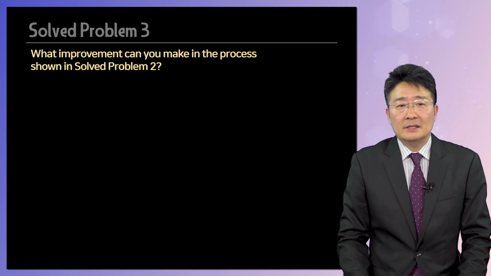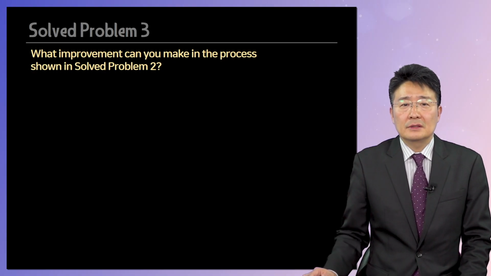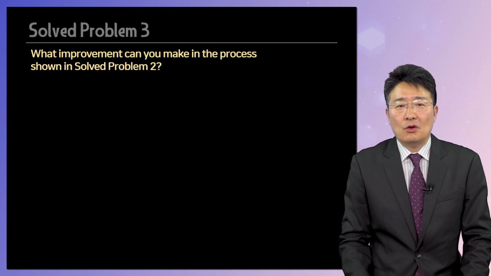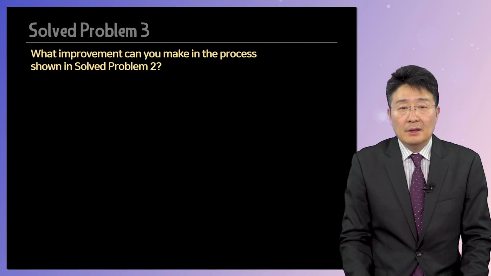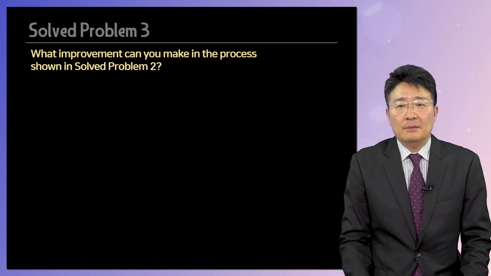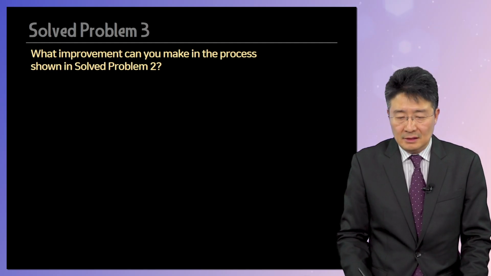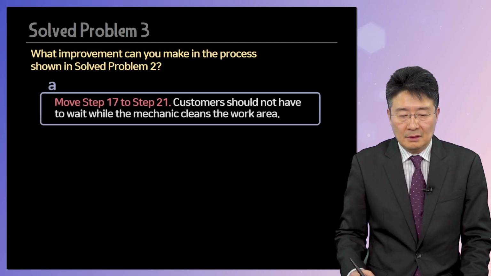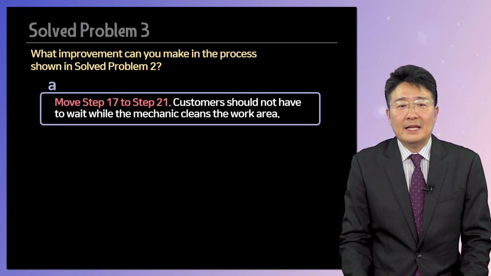The next question, what improvement can you make in the process shown in solved problem 2? Okay, from the process chart, we can derive some improvement. Okay, so this is the example. Move step 17 to step 21.